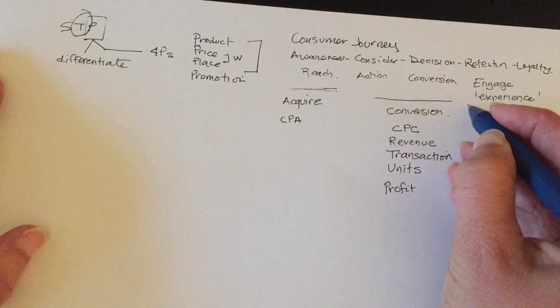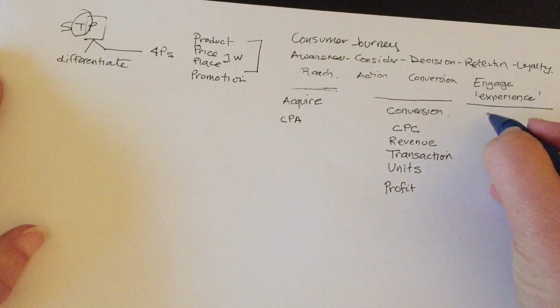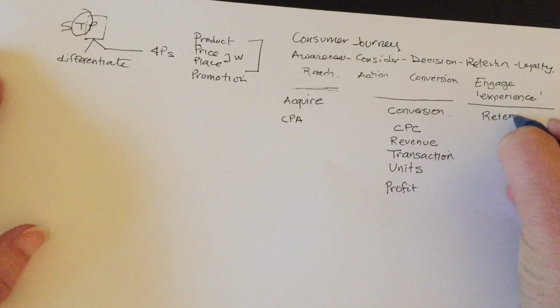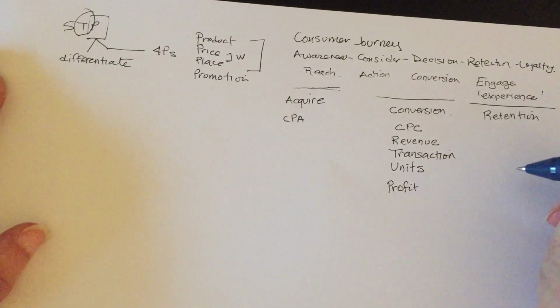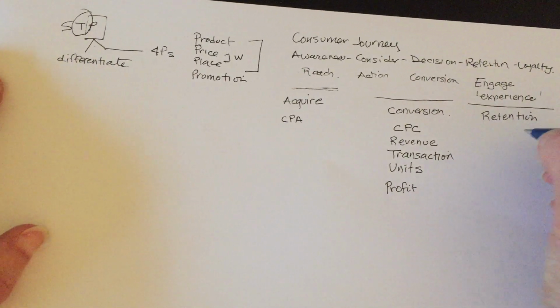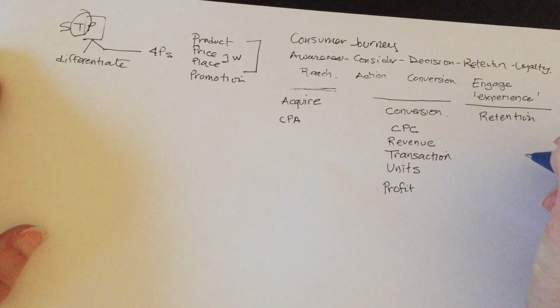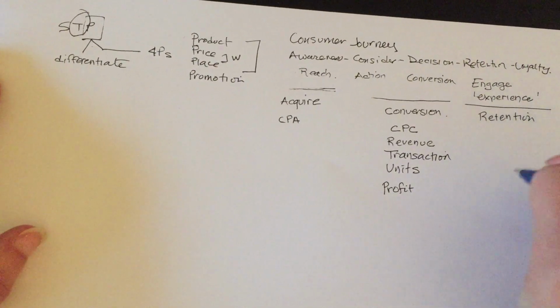And then this second stage, we're really interested in retention. So how do we ensure, because we know that it costs us less to keep a customer than it does to acquire a new one, what do we focus on for retention?